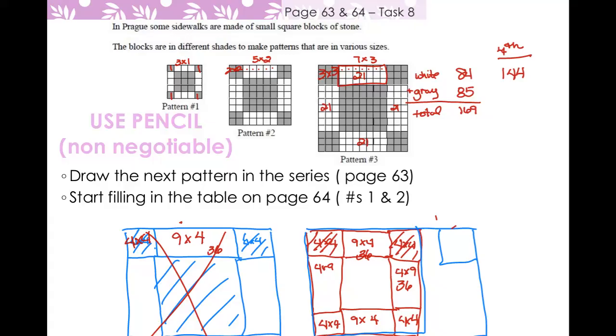Total number of blocks for number 2 looks to be 40 of the white plus 41 for the gray, which is 81. So white blocks is 144. How many gray blocks? 145 for a total of 289. Any questions about how we got those numbers? You can actually count them, right?